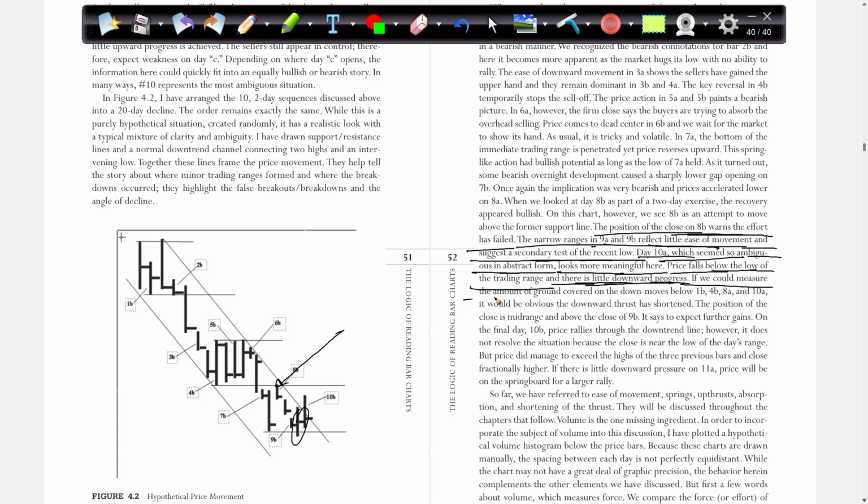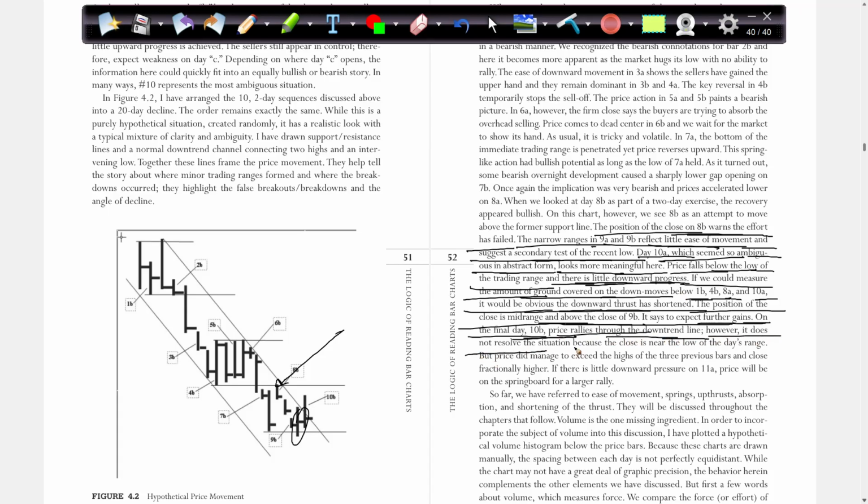If we could measure the amount of ground covered on the down moves below 1B, 4B, 8A, and 10A, it would be obvious the downward thrust has shortened. The position of the close is mid-range and above the close of 9B. It says to expect further gains. On the final day, 10B, price rallies through the downward line.